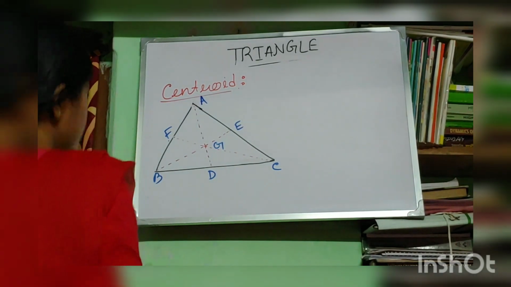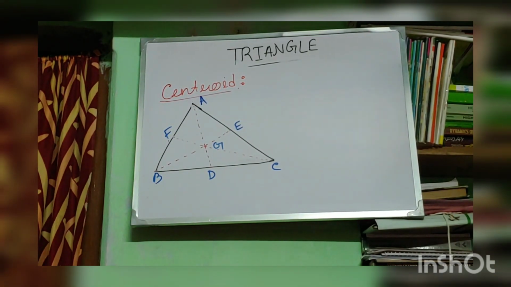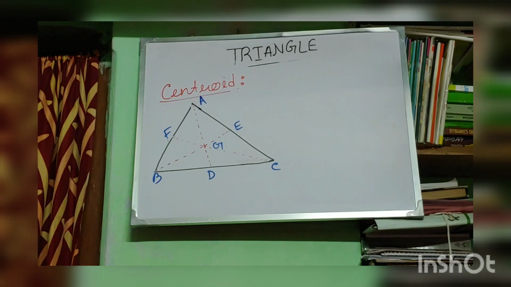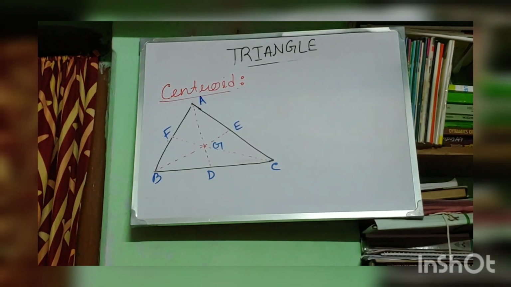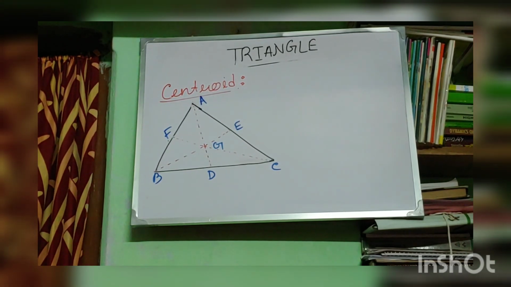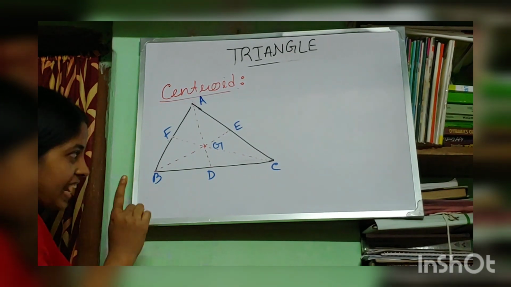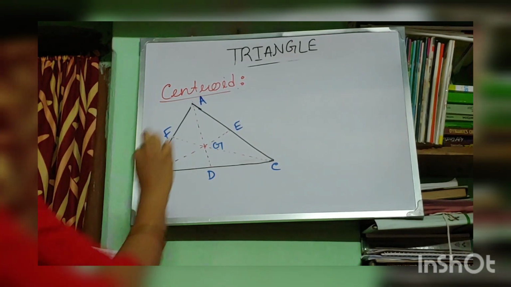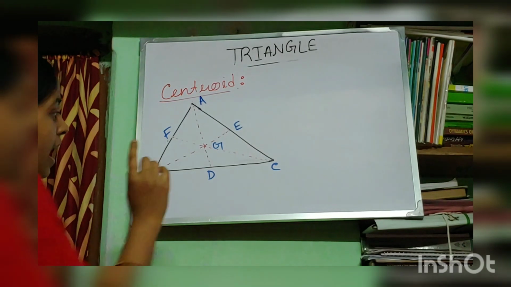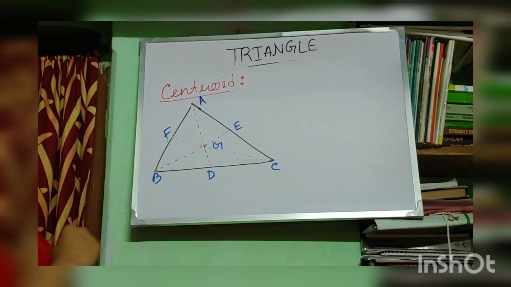Now next we'll understand what the centroid is. Before knowing the centroid, you have to understand what a median is. A median is a straight line joining a vertex and the midpoint of the opposite side.